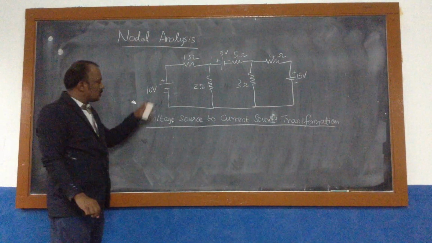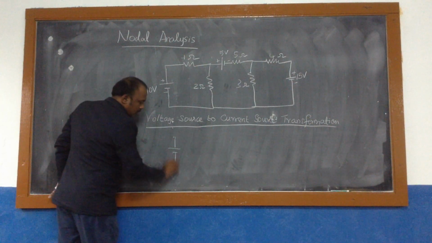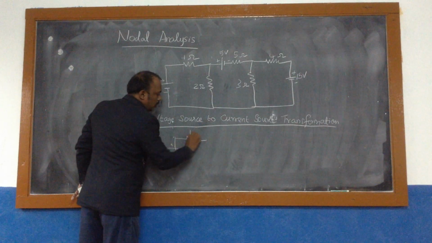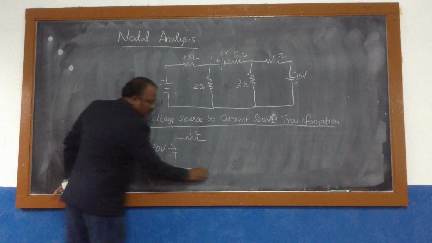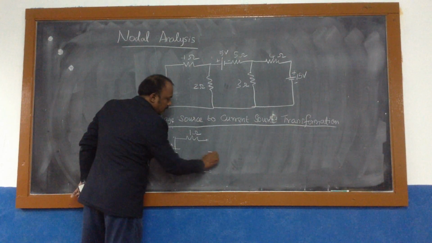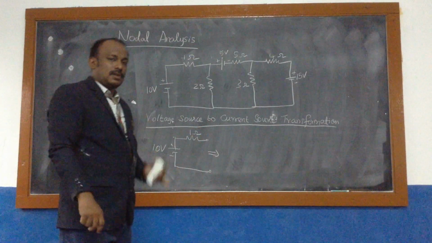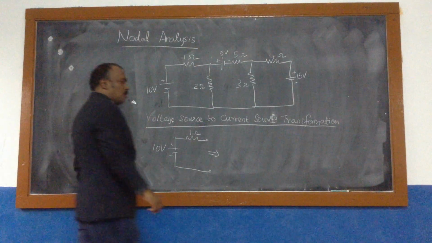See, what is the voltage source? 10 volt. And there is a resistance connected in series with this. I want to convert this voltage source into a current source. How to convert? Simple Ohm's law. What is Ohm's law?